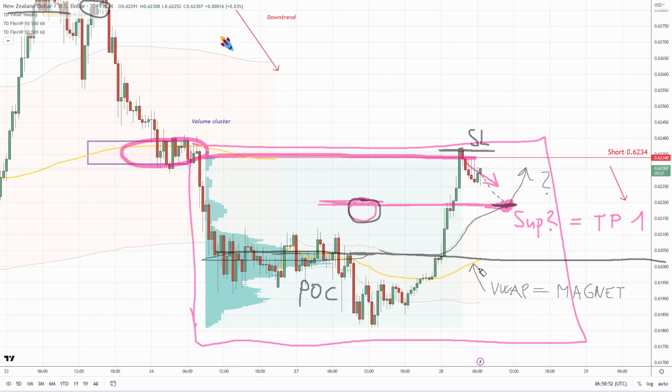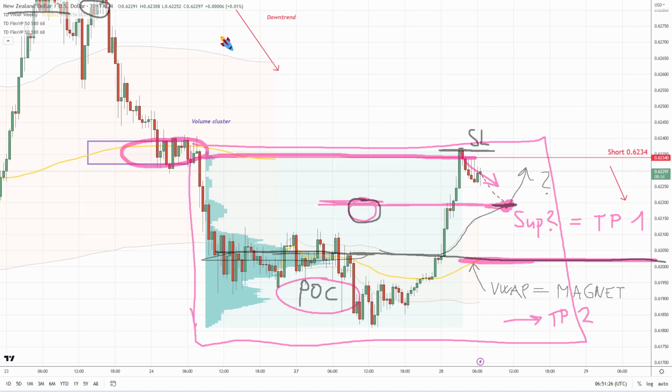And therefore it's very good to use as a take profit. Right, so this could be take profit number 2 in here, right? Because of the VWAP. This is a weekly VWAP, and also because of the weekly point of control.